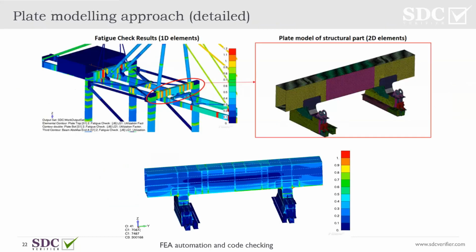Why? On this screen, you see a typical example. The upper left picture is the situation when the crane is modeled with the simplified approach, 1D elements, and here you see the ballpark idea of the fatigue results.